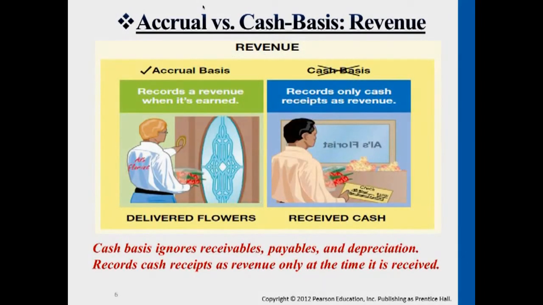Okay, so this slide here basically just summarizes what I talked about earlier. There's revenue. This is an example of, let's say, delivering flowers. This corporation delivers flowers to clients. Under accrual basis accounting, they will record the transaction the very same day that this activity happened, regardless of whether they actually collect money from the client.